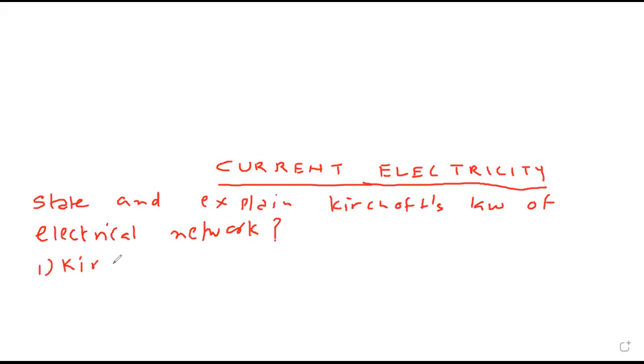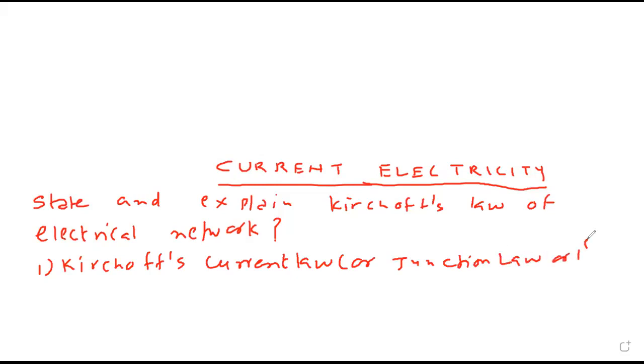First, Kirchhoff's current law. It is also called the junction law, and also the first law. So Kirchhoff's current law, junction law, or first law are one and the same. Please write the heading.